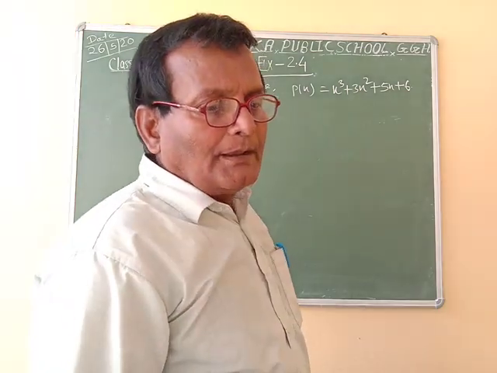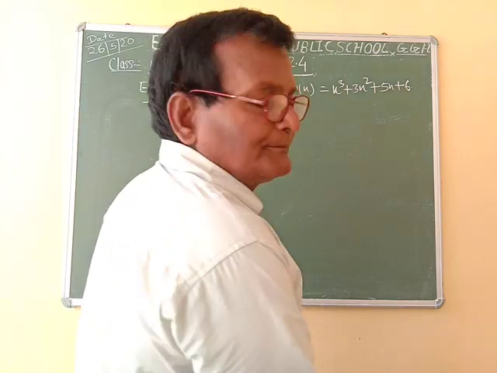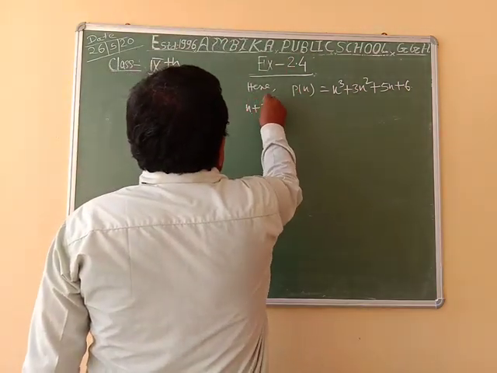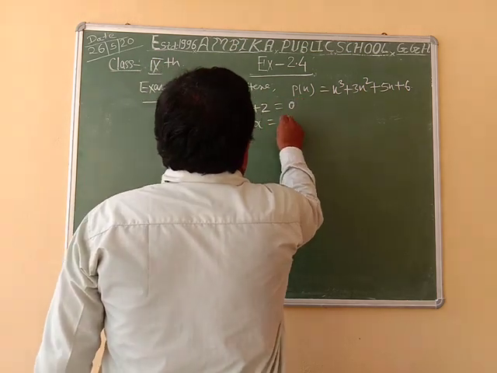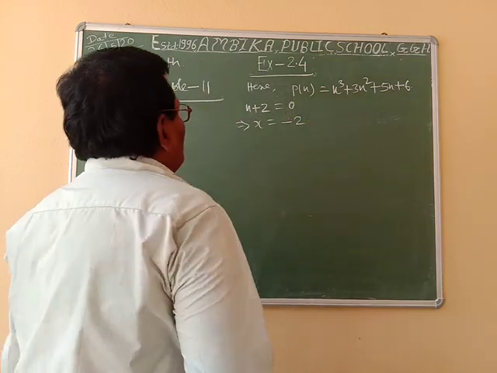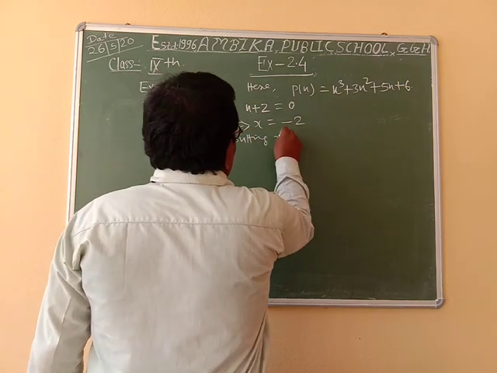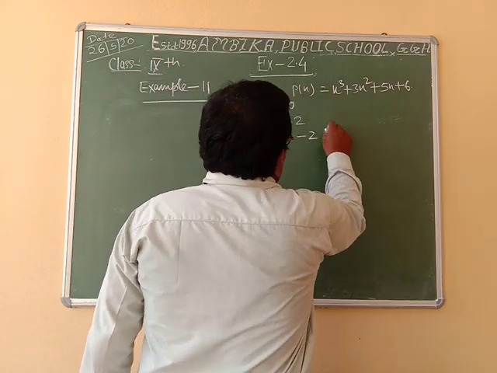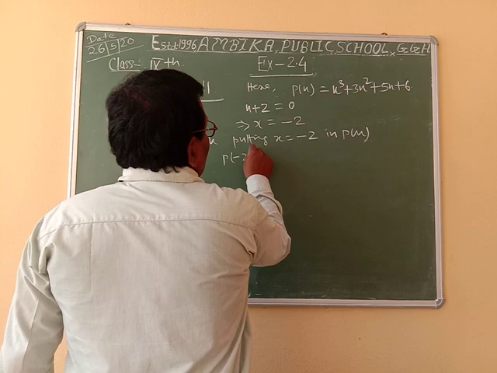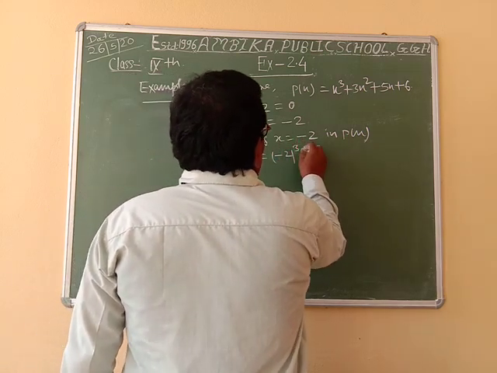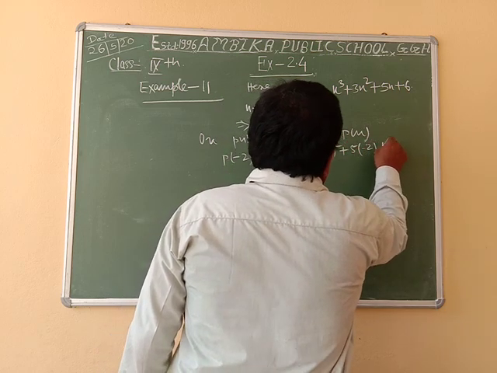So, the zero of x plus 2: x plus 2 is equal to 0, or x is equal to minus 2. On putting x equal to minus 2 in Px, we have P minus 2. P minus 2 is equal to minus 2 cube plus 3 into minus 2 square plus 5 into minus 2 plus 6.